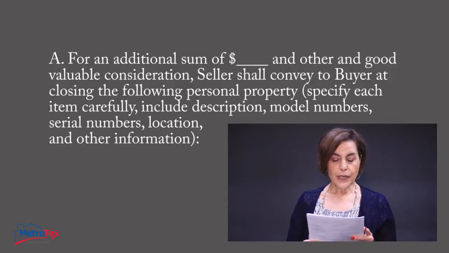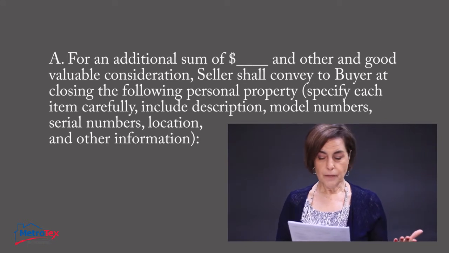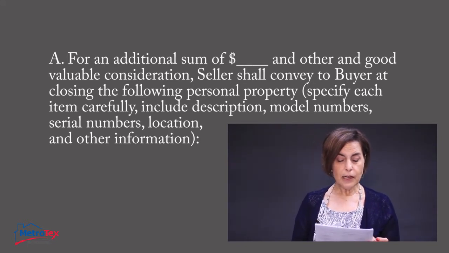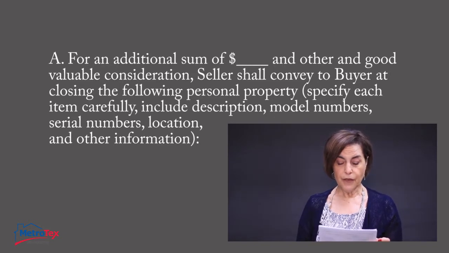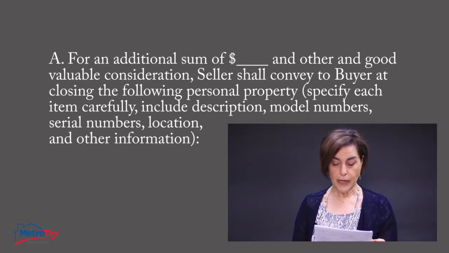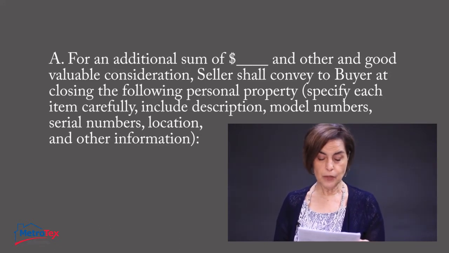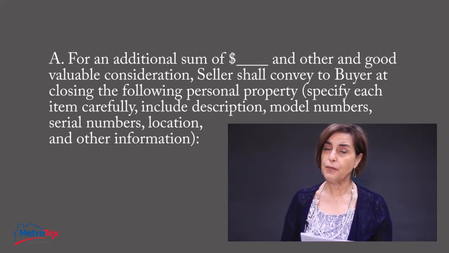So let's read and see what it says. A, for an additional sum of blank and other good and valuable consideration, the seller shall convey to buyer at closing the following personal property. Specify each item carefully, include description, model numbers, serial numbers, location, and other information. And then it has this long space that you can add a lot of things.